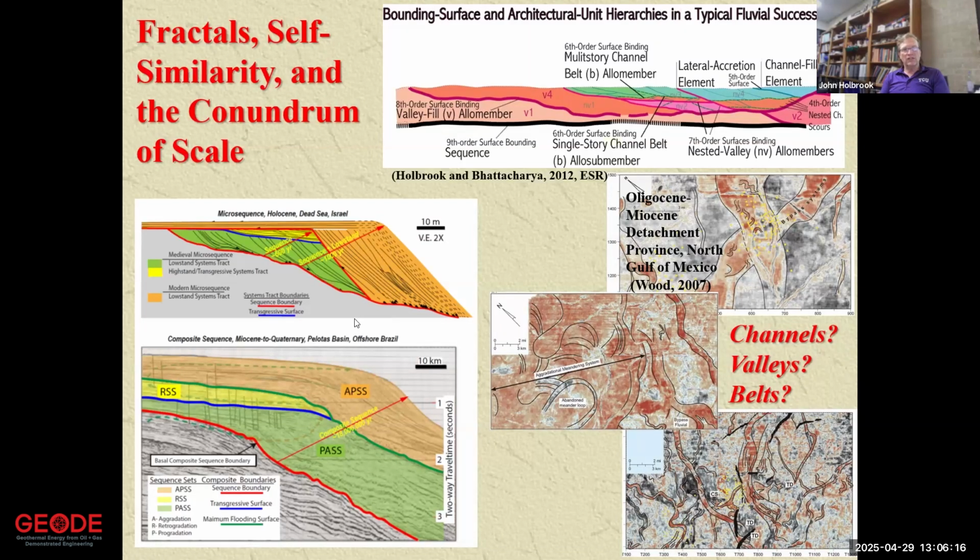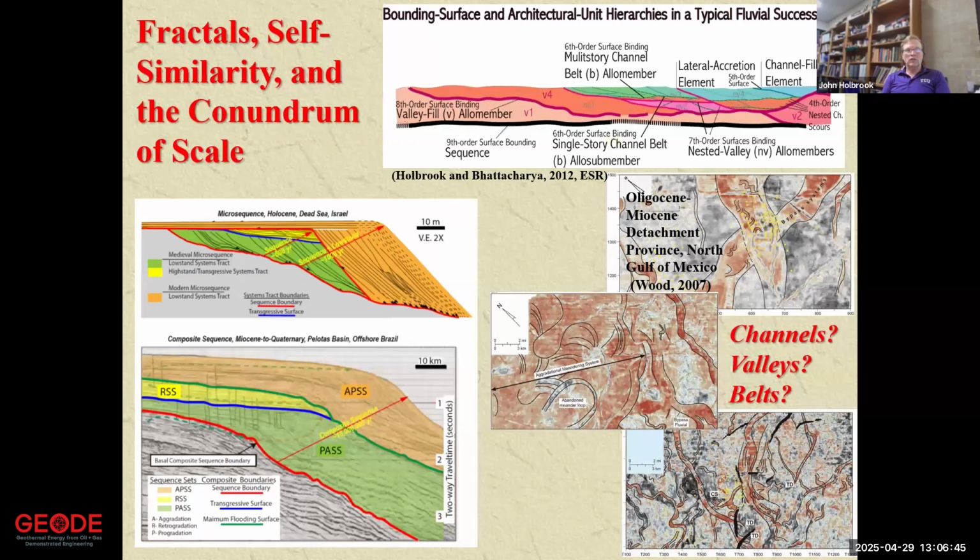Look at the sequence right above it, which I colored the same just for effect, but note how similar that particular sequence looks. That's 2 sequences made in less than 1,000 years on the Dead Sea, and represents tens of meters, not hundreds of meters. But yet, geometrically, they look alike. That's because of this fractal effect.